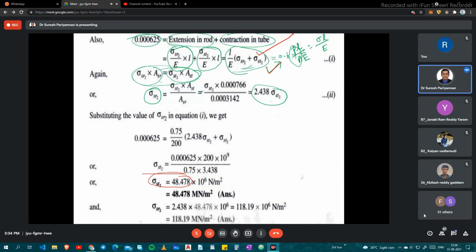So when we are tightening the nut, there is 0.625 mm compression in the tube as well as tension in the rod. During that time, this much stress variation is going to be there in the tube as well as the rod.